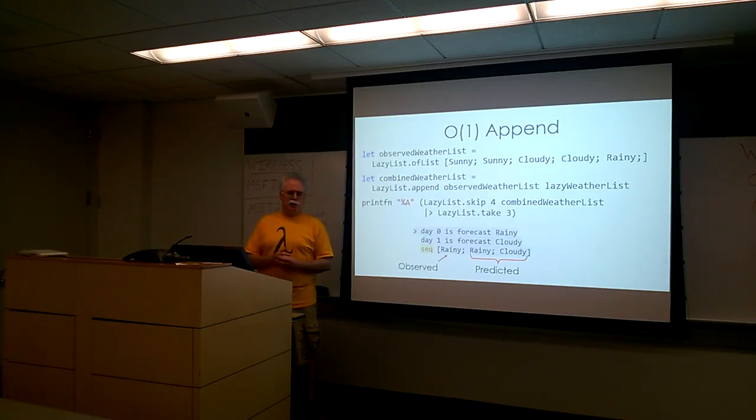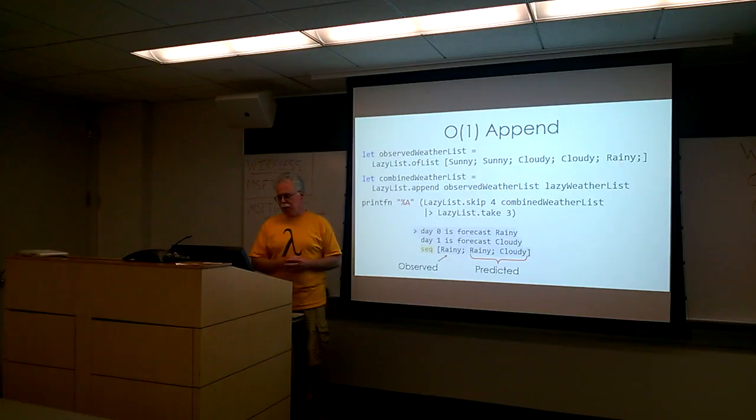Another good thing about lazy list, and actually many of the alternate linear structures, is it's got a constant time append, which you don't have with a list, as you might be aware. So in this case, we make a list of observed weather, and we want to combine it with a list of predicted weather. This might be something you're interested in doing in your own modeling, whether it's weather forecasting or modeling the stock market or any kind of sequential modeling, where you might actually want to append observed data and some sort of predicted data for whatever reason.